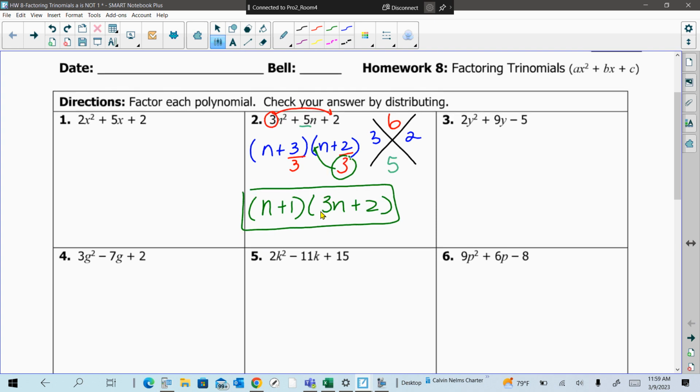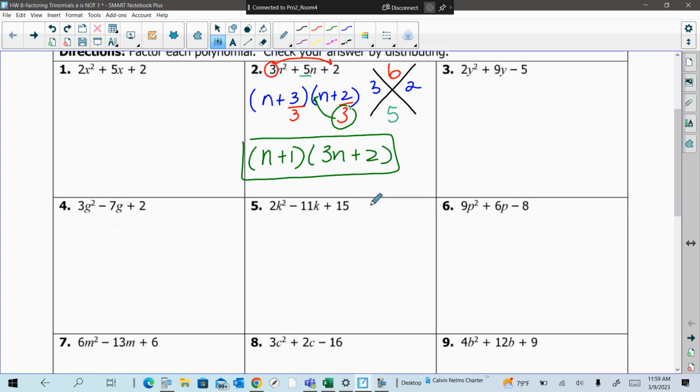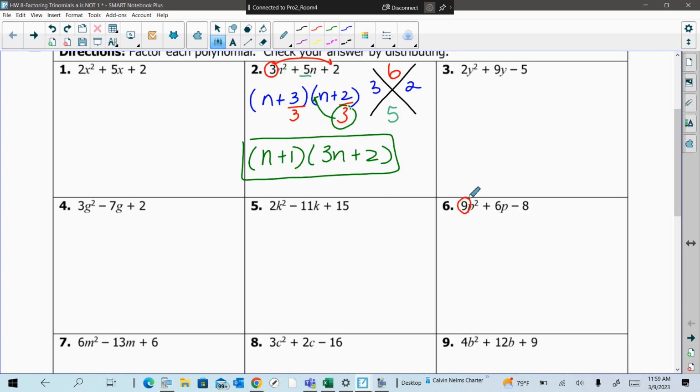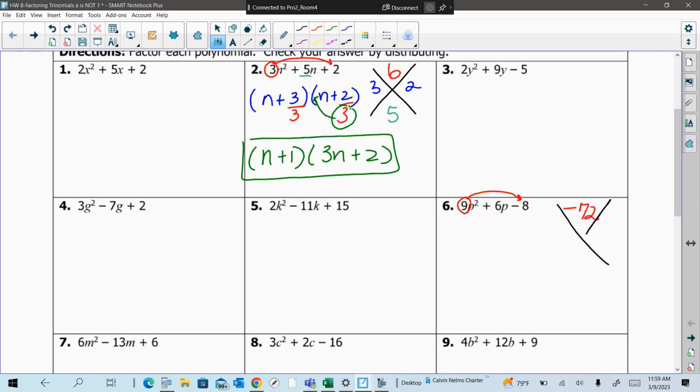So watch your signs. I guess a good example would probably be number 6 here. If I look, I have a coefficient of 9. I'm going to slide and multiply. This gives me a negative 72. I'm going to make my x with that negative 72 at the top.